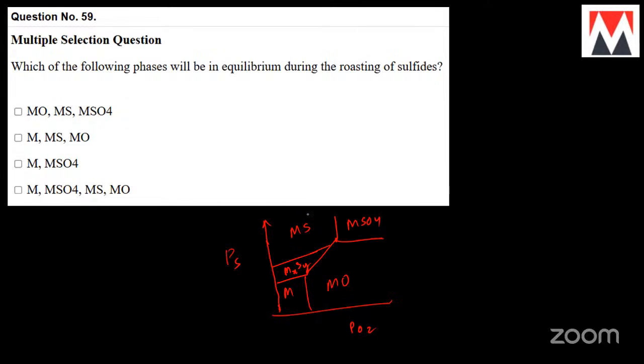Yes, there is an equilibrium between MO/MS and SO4, right? There is equilibrium between metal sulfide and metal and oxygen. So this is also there. Metal and metal sulfur is nowhere. Metal sulfide is nowhere. So this is wrong. So overall AB is the right answer.